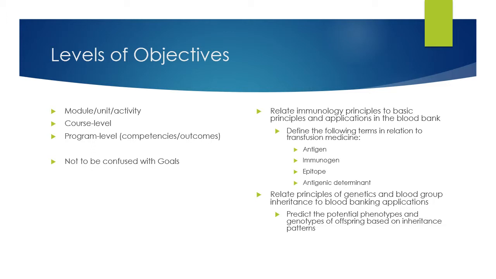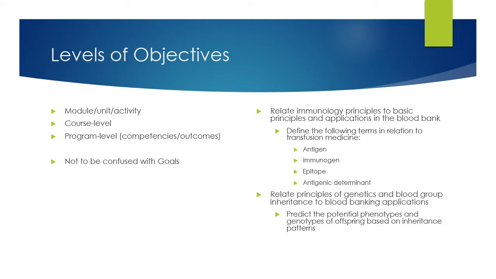Next up, there generally are course level objectives, although some institutions may prefer to have course goals. And then depending on the type of program that you teach within, there may be program level objectives, but there are other terms that may be used for these higher level objectives. They may be called competencies or outcomes.